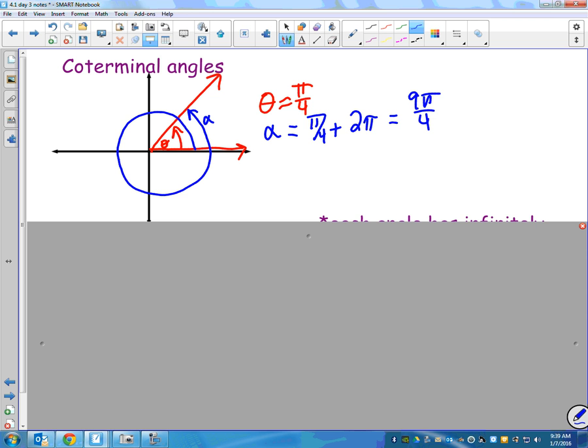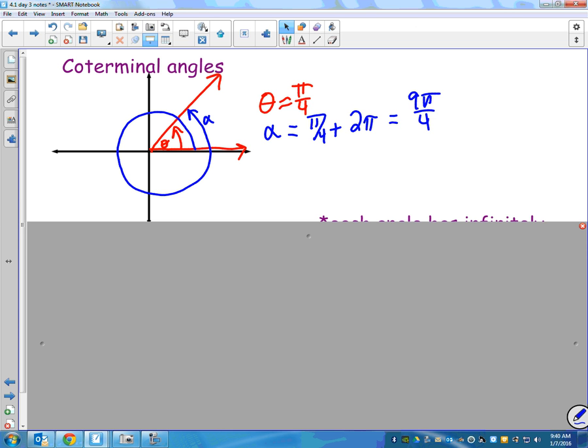That would be 2 pi plus 1 fourth. On your calculator, you can just take 1/4 plus 2. Just 2 and 1/4.